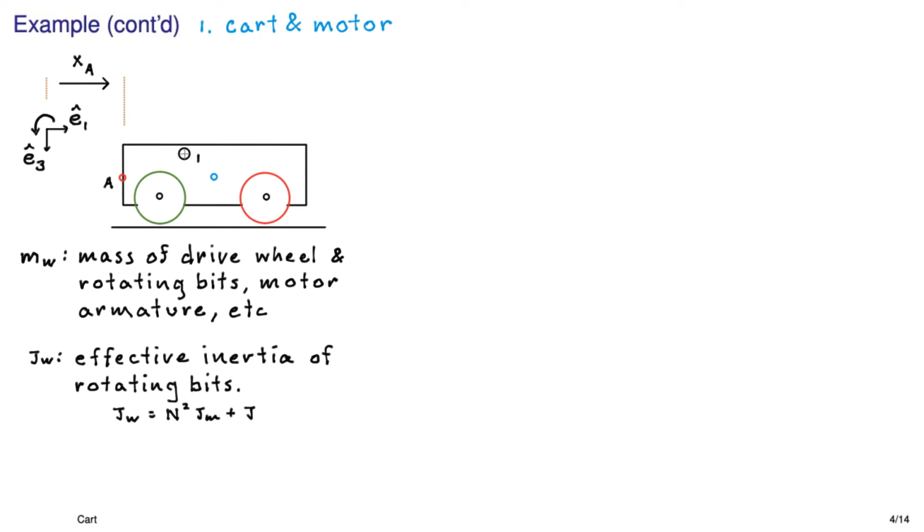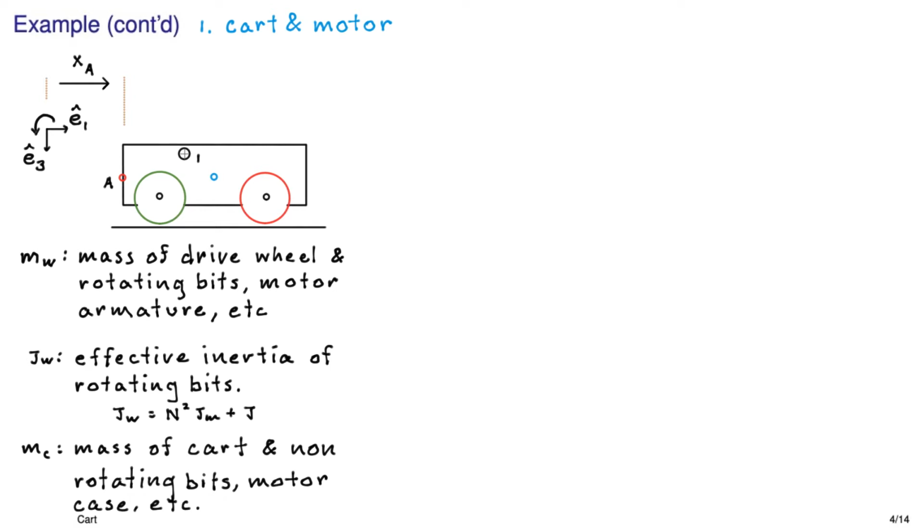So that means that J_W is the effective mass moment of inertia that has the gear ratio in it, N, or N squared, times J_M plus that other J, which is everything on the output side of the gearbox. So it's the inertia of the gearbox on its output side and anything attached to it. So in this case, that would be the red wheel. Then we have M_C, which is the mass of the cart, except for the rotating bits of the motor.